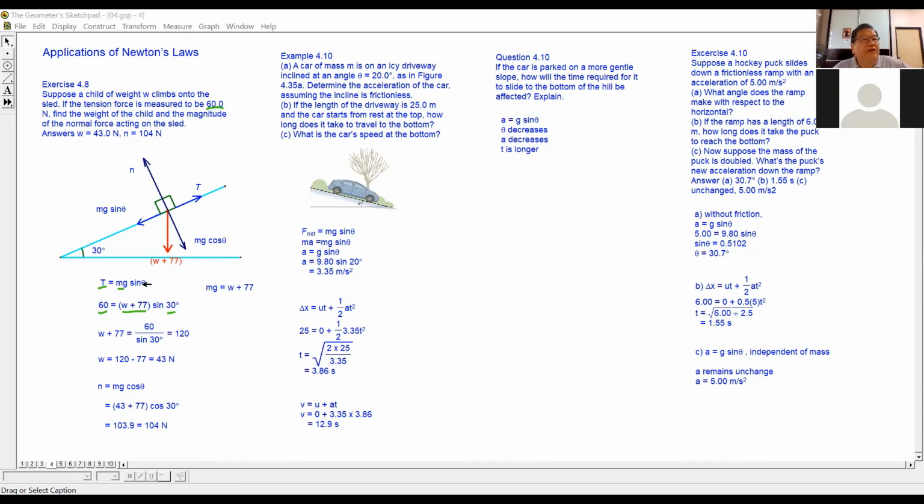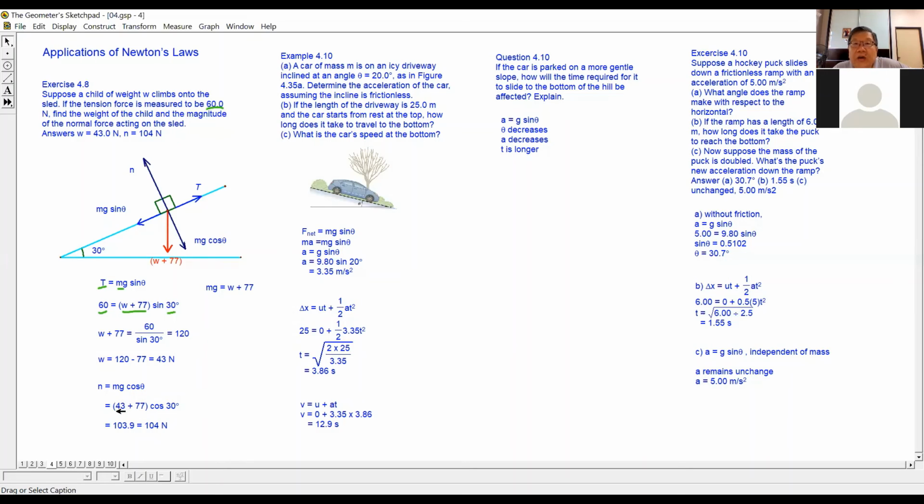Now they ask us to find what is the normal force acting on the sled. So what is the normal reaction? From the diagram we know that the normal reaction is mg cos theta. The normal reaction is balanced by the component mg cos theta, right? So I copy down the equation here. Normal reaction is mg cos theta.